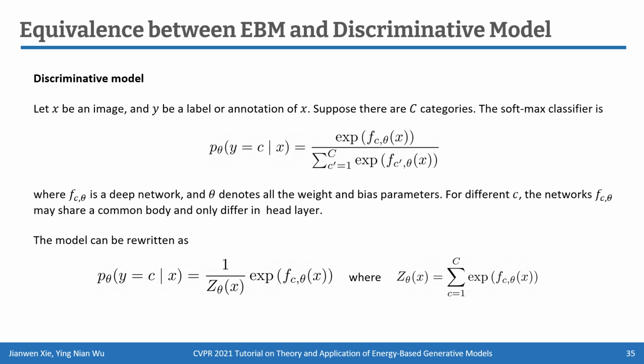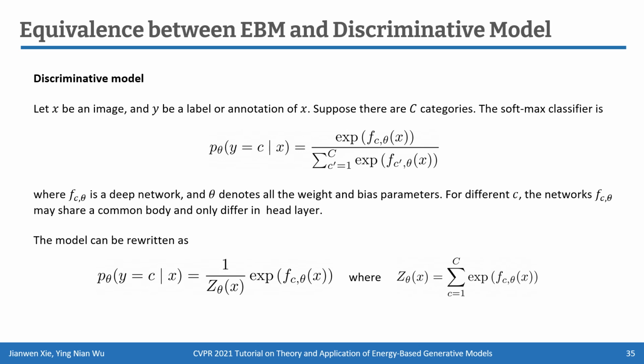For different category C, the network F outputs a different value. Therefore, we use the subscript C to index F. Different C can share a common body of the network F and only have a different head layer in F.